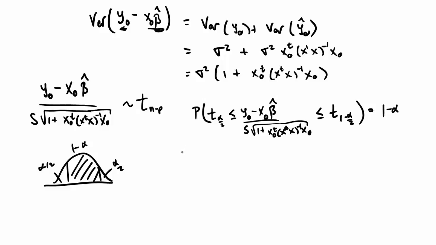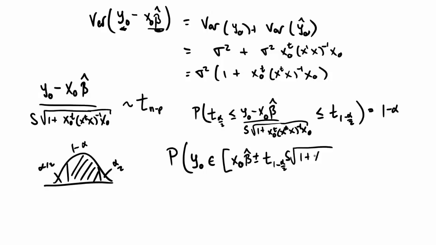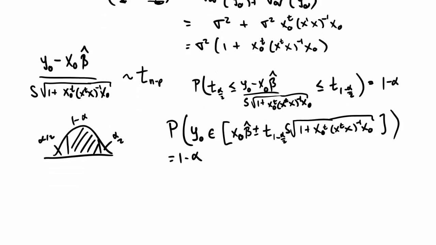And we can rearrange that to make the probability statement: the probability that y_0 is in the interval x_0 β̂ plus or minus t_(1 - alpha/2) times s times the square root of 1 plus x_0ᵀ(XᵀX)⁻¹x_0 is 1 minus alpha.